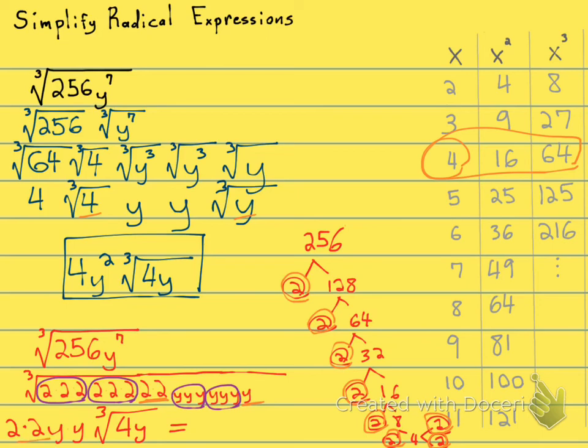Let's see, 2 times 2 is 4, y times y is y squared. So I will have 4y squared cube root of 4y. Okay, it should be the same thing I got up above. Let's check it. 4y squared cube root of 4y.